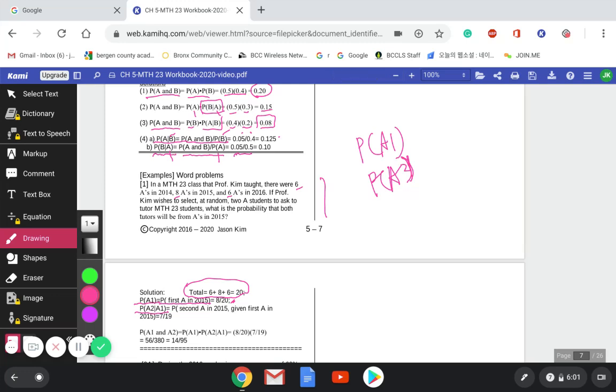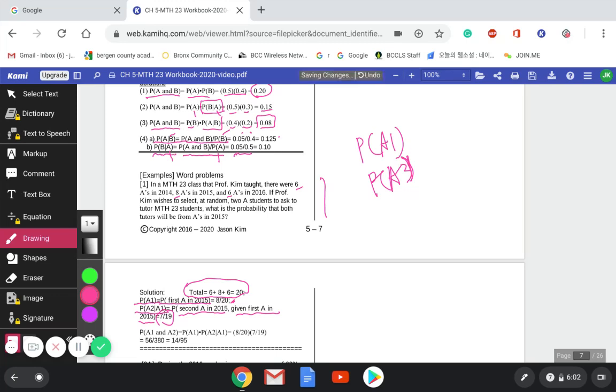So 19 students in total, so it has been affected. And also there were 8 students who got A in 2015, but since one is chosen, now the pool has only 7 from 2015 who got A's. So probability of the second A in 2015 given the first A in 2015 is 7 out of 19.